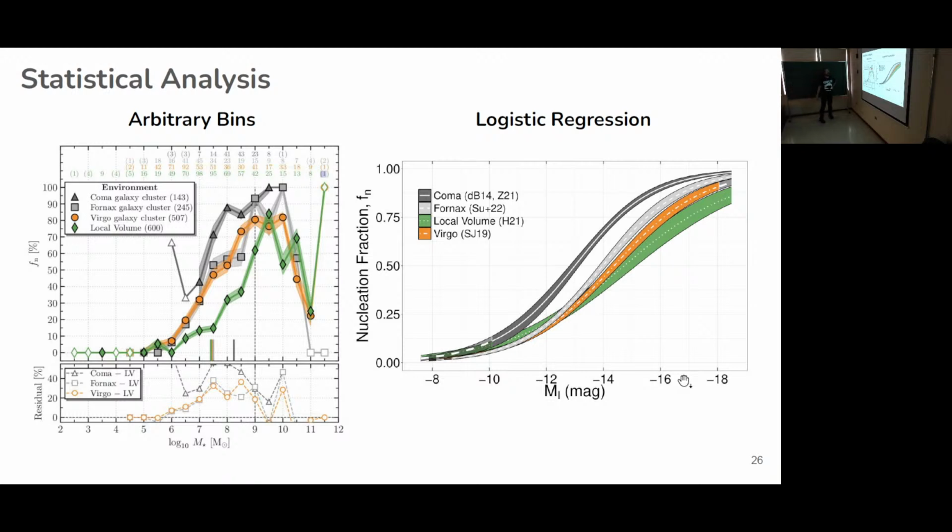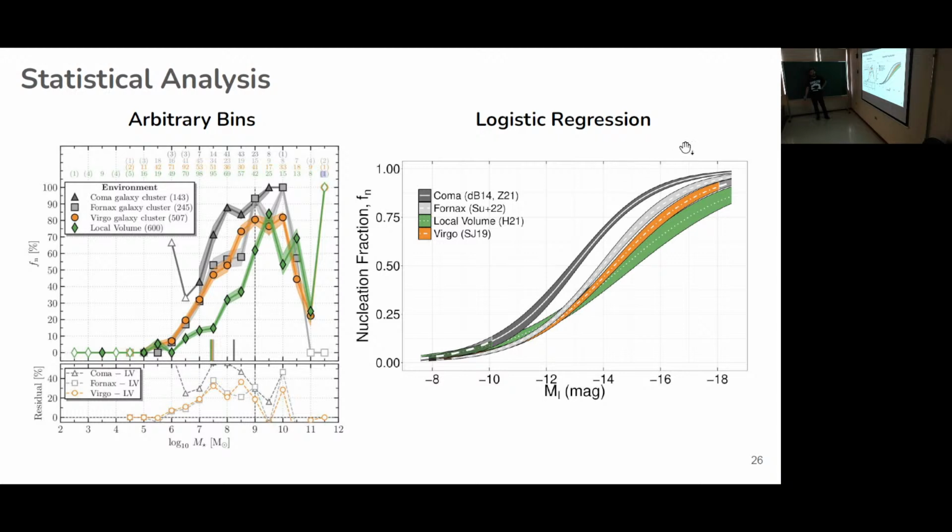Now I want to talk a little bit about the statistical part of our work, which is a part that I like very much. When doing occupational statistics, we had the option to use what is more commonly seen in the literature, which is to use bins and connect the dots to see the overall behavior of the thing that we are studying, in this case, the nucleation fraction.